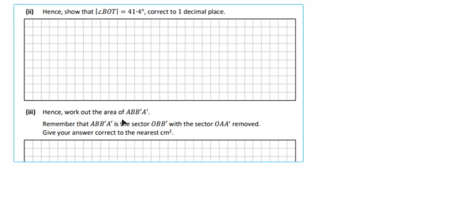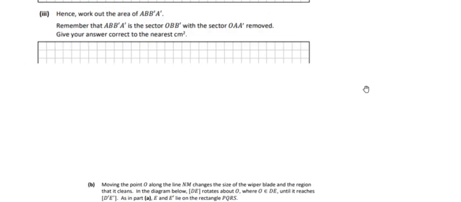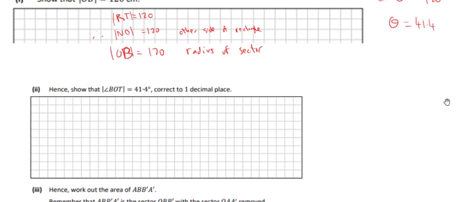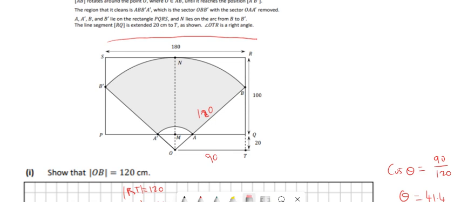Then work out the area of A, B, B dash, A dash. Right, well, just get rid of this here for a second. So we know that the angle in there is 41.4.